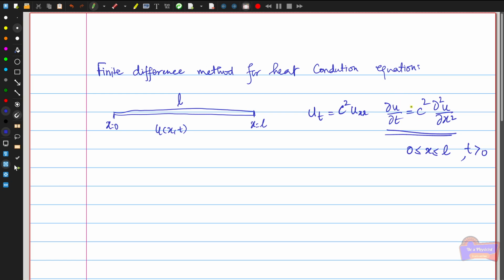In order to find the unique solution of this problem, we require different conditions to solve this equation. One is the initial condition.